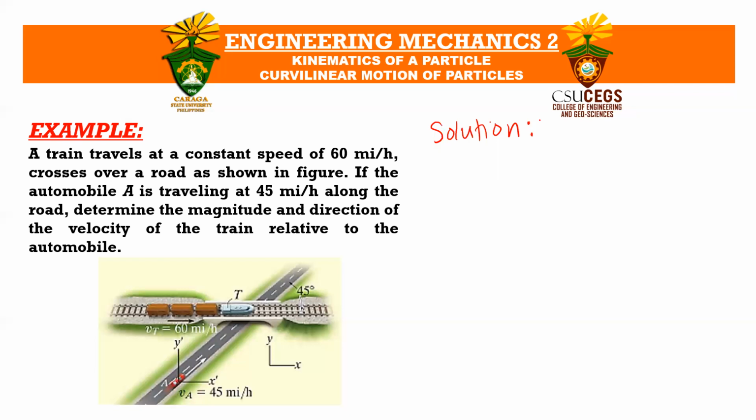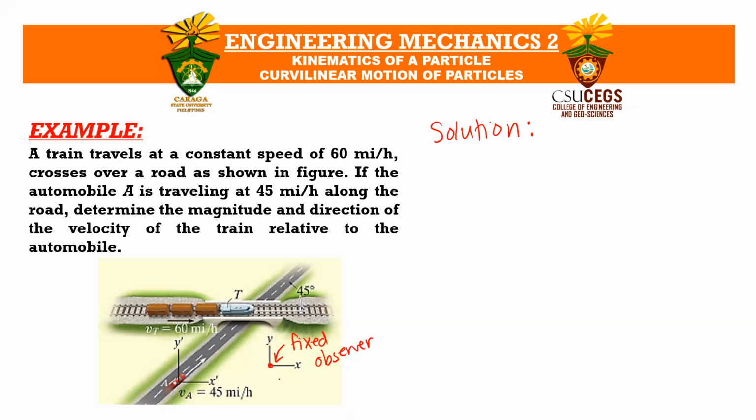The first is the fixed reference frame, and the second is your translating reference frame. Here in our problem, the axis XY would be your fixed reference frame. This will be the basis of your origin, where the fixed observer is located.